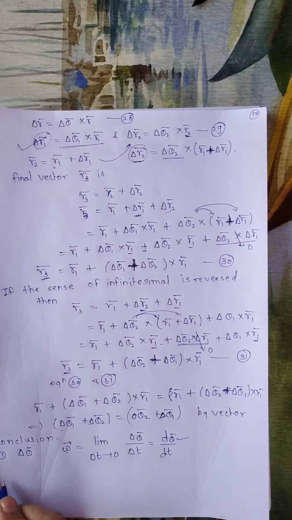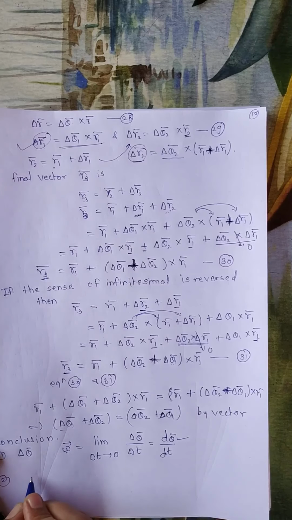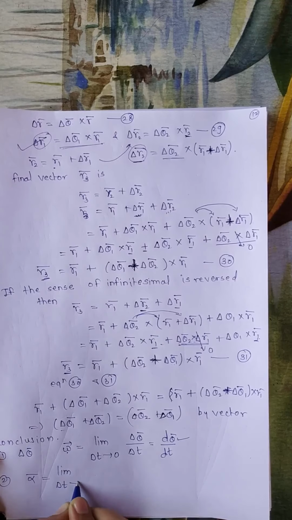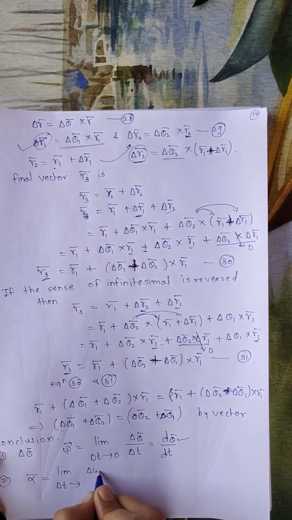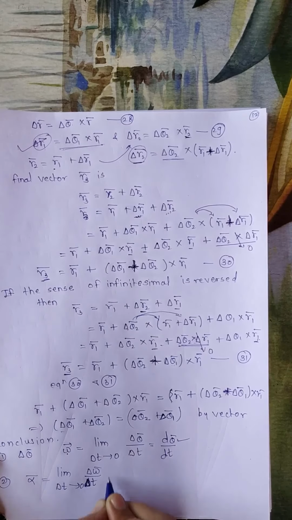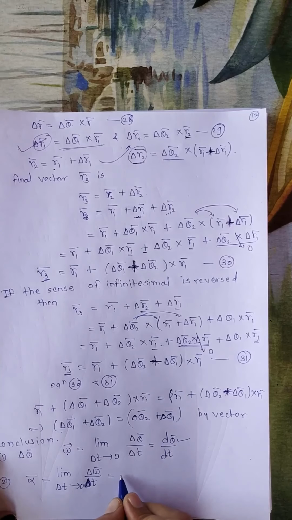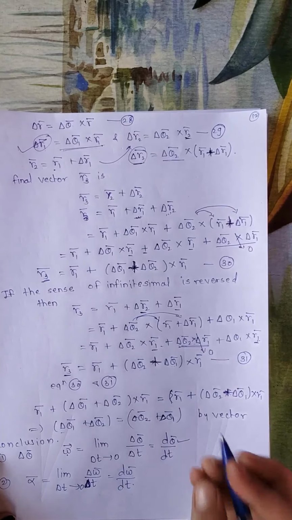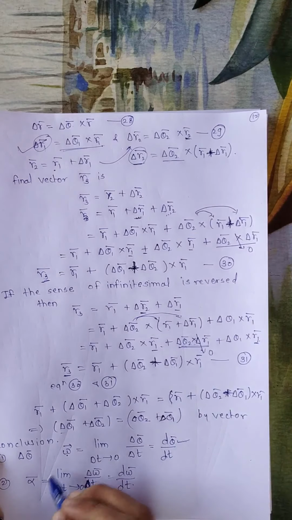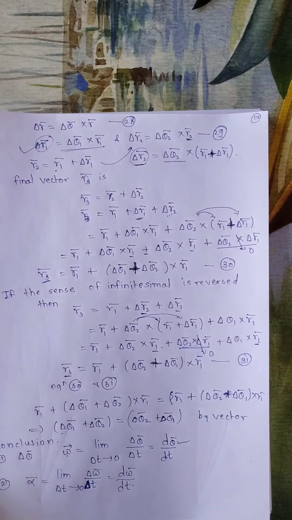And similarly for angular acceleration, which is given by alpha bar, which is nothing but the limiting value of delta omega upon delta t as t tends to 0. So this is the definition of the angular acceleration, which is d omega bar upon dt. Since displacement is a vector quantity, both velocity and acceleration are also vector quantities.